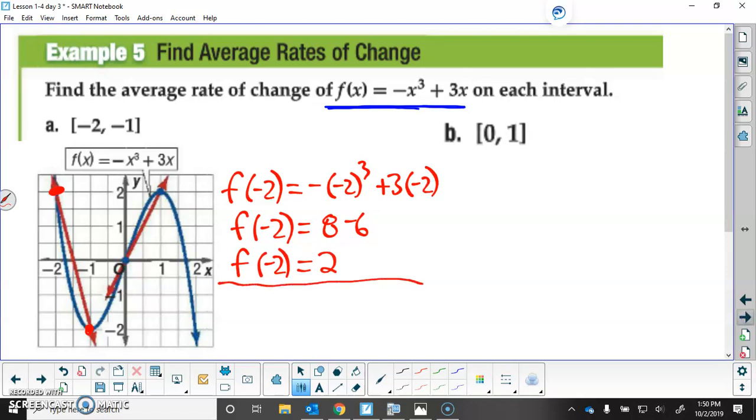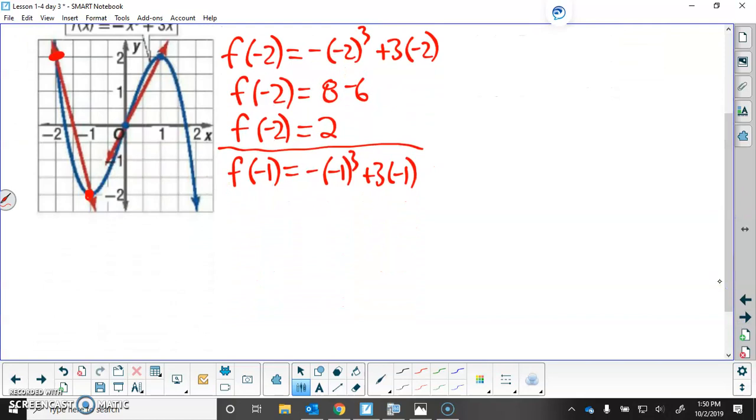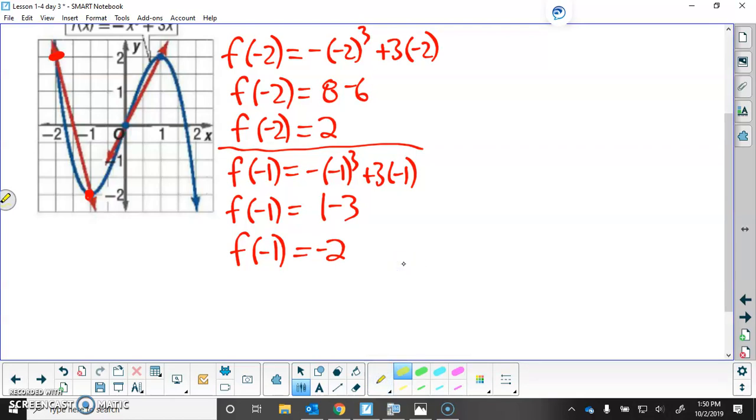Then we put the other value, negative 1, into the function, and we're going to get 1 minus 3, which is negative 2. Now that we know the outputs, and again the outputs are right here.